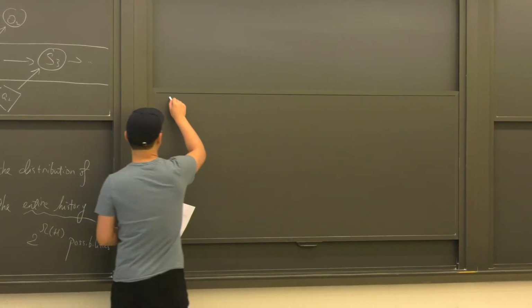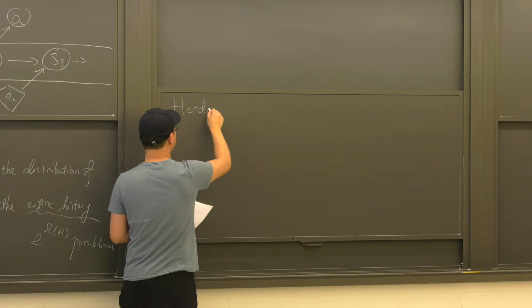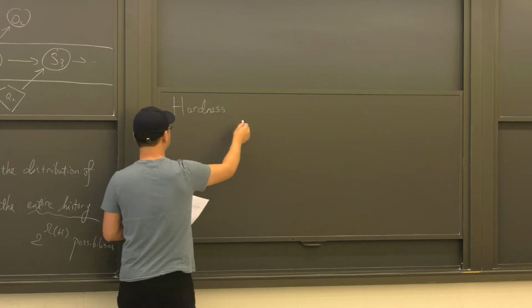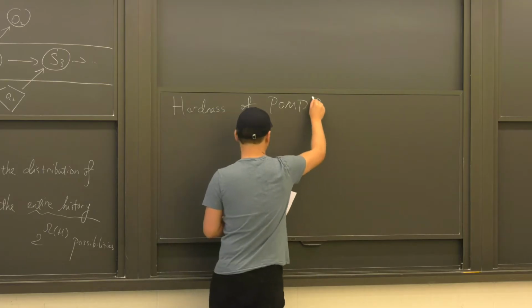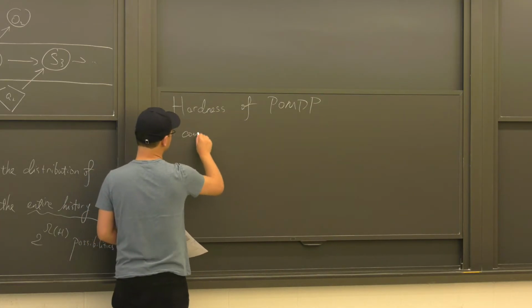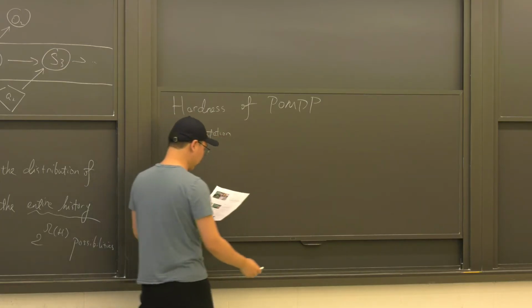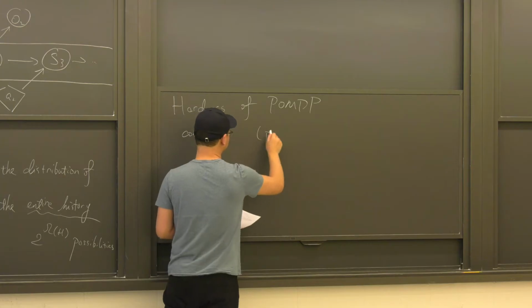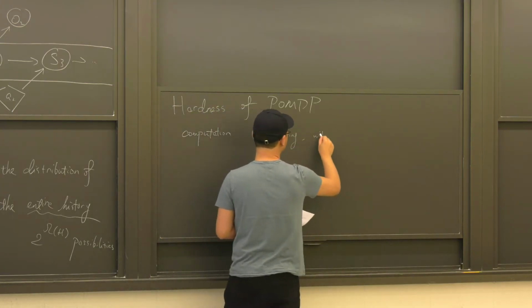We briefly mentioned at the very end of last lecture that there are a lot of existing known hardness results for POMDP. For computation, we talk about planning with a known model.